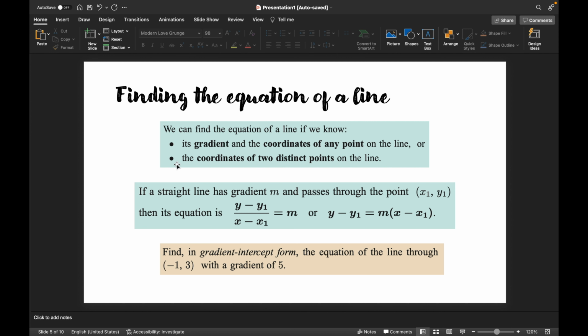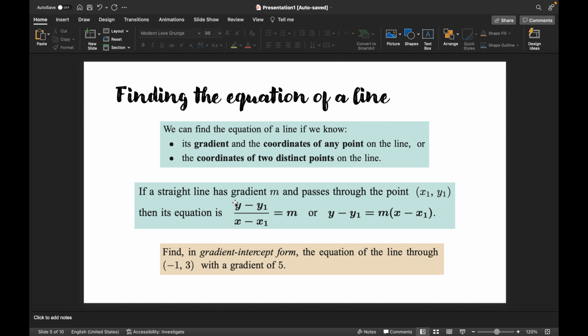You just have to intuitively know what to do in order to find the equation of the line. Doesn't always necessarily have to be that you know the gradient and a point, or two distinct points. It's all about how you think and how you can derive the equation.